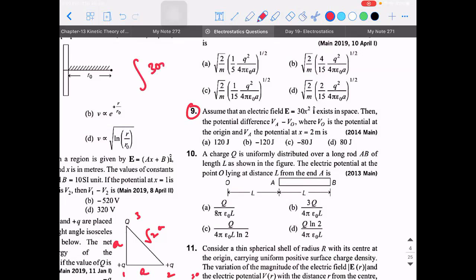So integral of 30x square from where to where? VA to VO. So VA minus VO is how much? Minus of VA, how much? 2 and this is 0. X cube by 3, minus 80 is the answer.